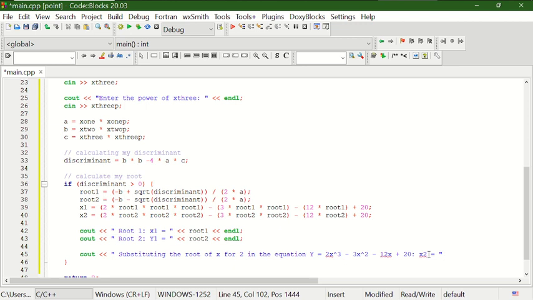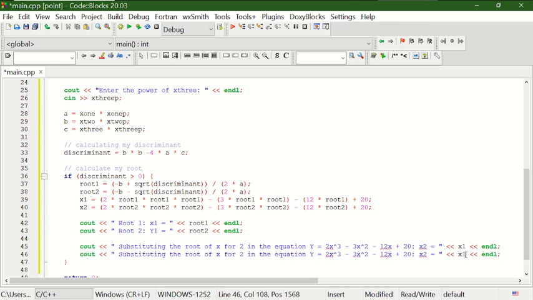So x2 should be equal to x1. So this should be x1, so end line, then we can take this whole long line and say it should be x2, and here we have y2.